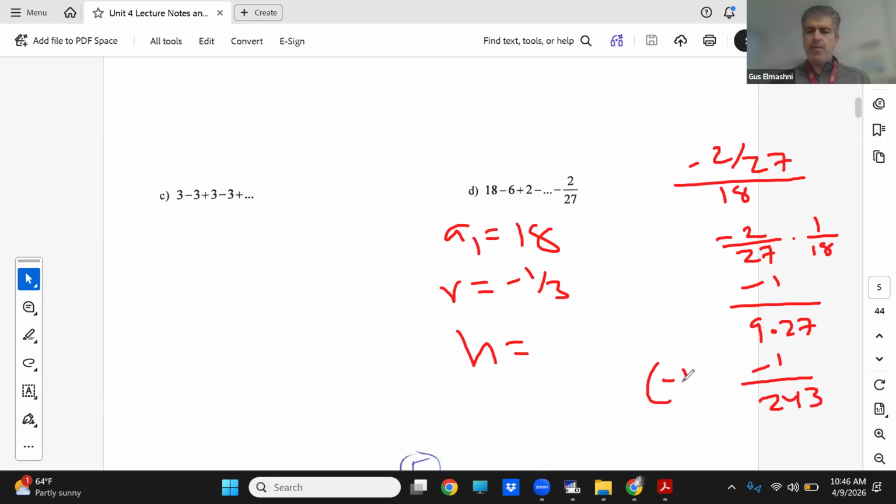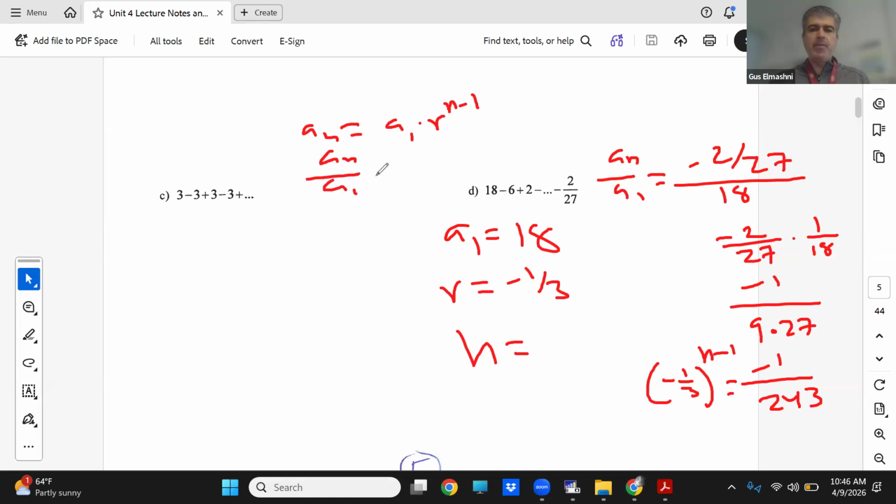So -1/3 raised to n-1 power equals that. Does that make sense? How am I doing that? Because you're doing a sub n over a sub 1, right? And what does a sub n equal again? Equals that, right? Do you guys see that connection now? Maybe I didn't make that clear. Because you're comparing the last term with the first term, so it has to be r raised to n-1 power. Has to be. And that's what I'm doing.